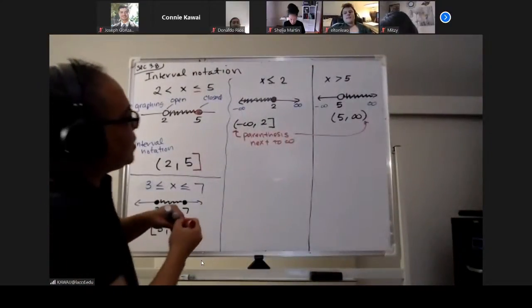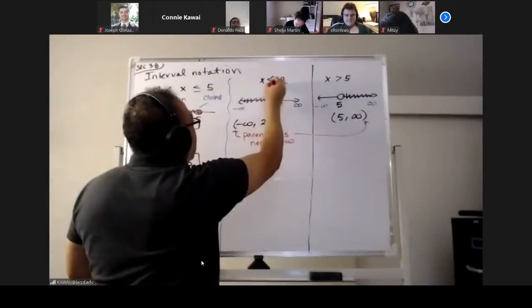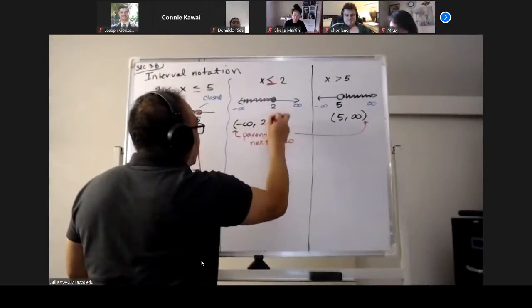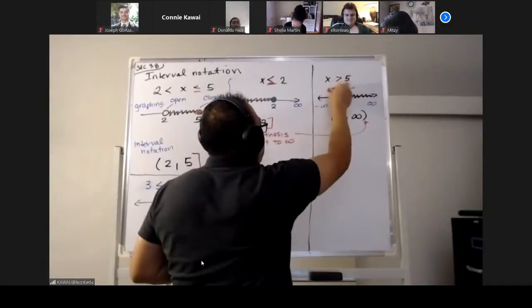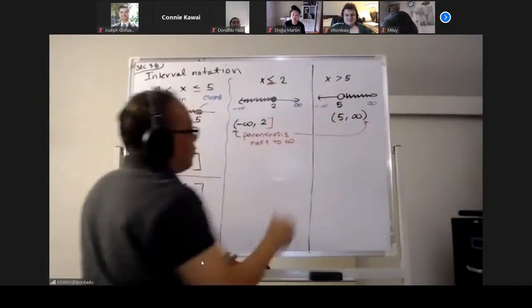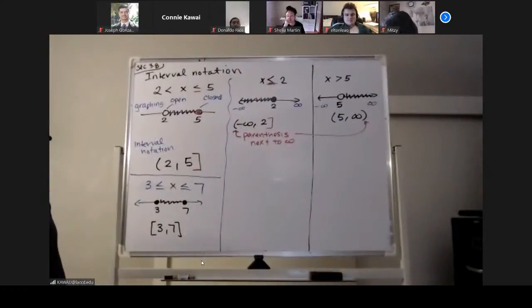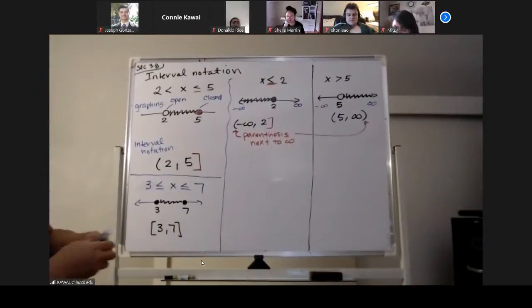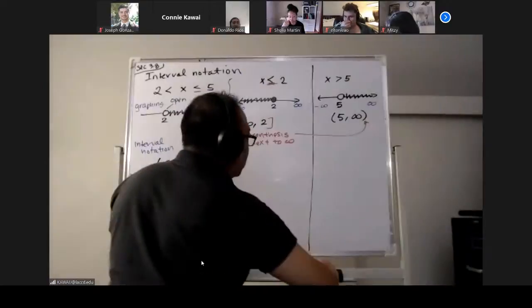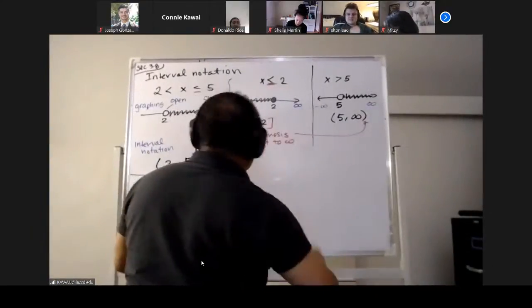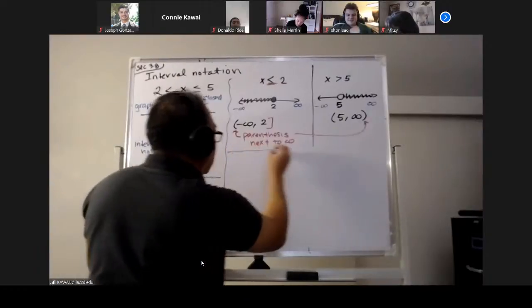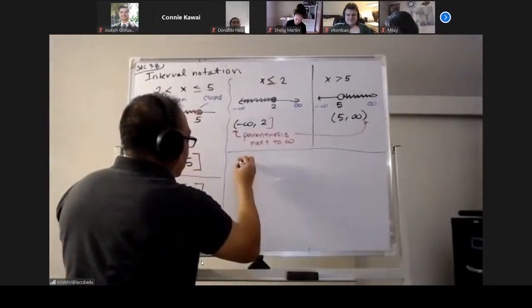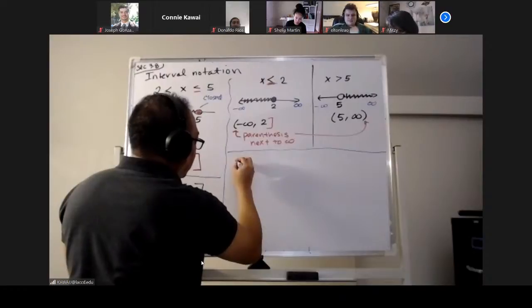So when you look at this equal sign, that's what determines what's next to the number. So over here, there's no equal sign. That's why you have a parenthesis next to the 5. Okay. All right, now. So let's see if you can do this. Do this one.